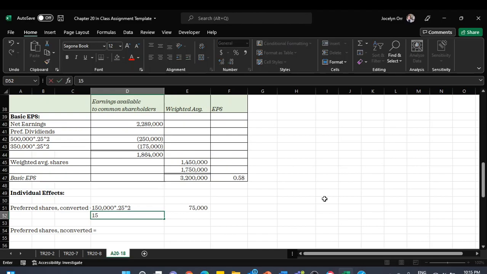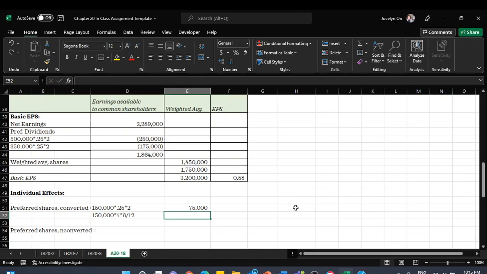Okay. Now we need to look at what was converted, which was the 150,000. Those converted into 4 common shares. And this is for half the year, right? Because it happened in July. So 300,000.